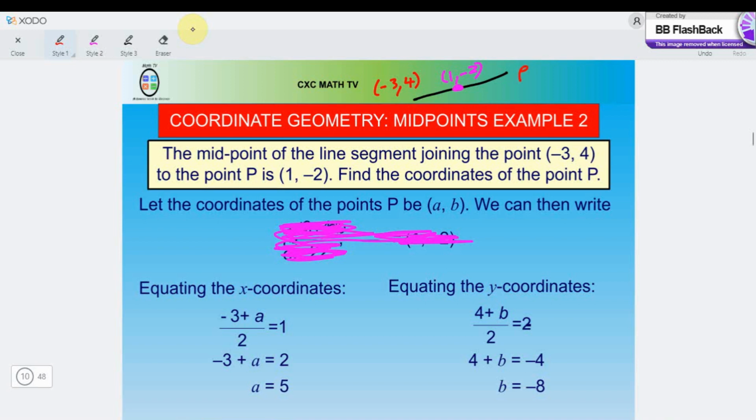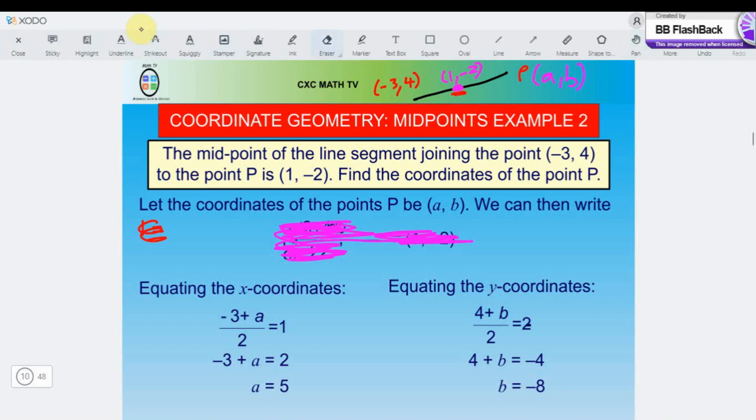Now, what do we know? Since this is the middle, what we do know is that let's call the point P (a, b), right? What we do know then is 1 is the x value in the middle. So we know that 1 would be equal to the x value in the middle. So let me set it up properly. Follow what I'm doing. Right?